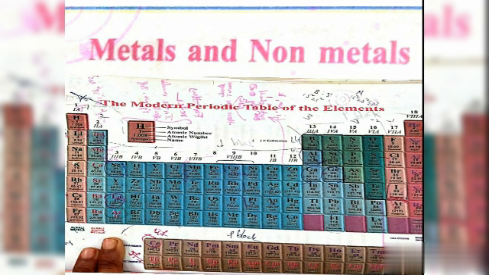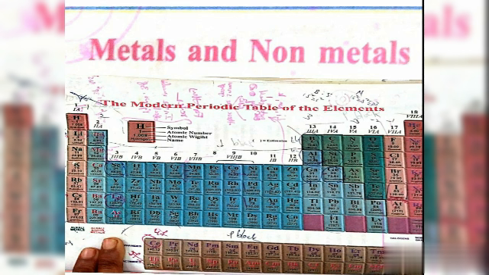And some take lanthanum to lutetium, means 57 to 71. So these are taken as lanthanides. This lanthanum is in the third B group.